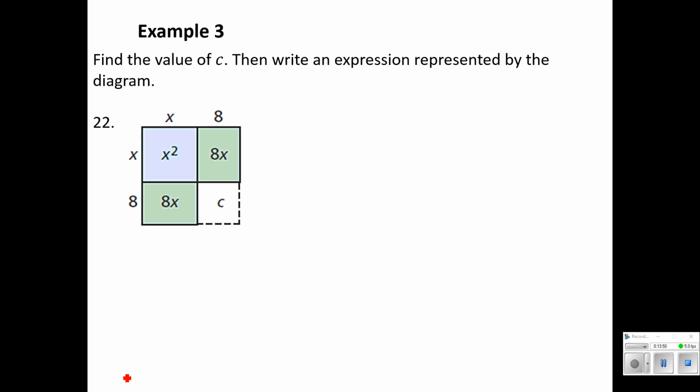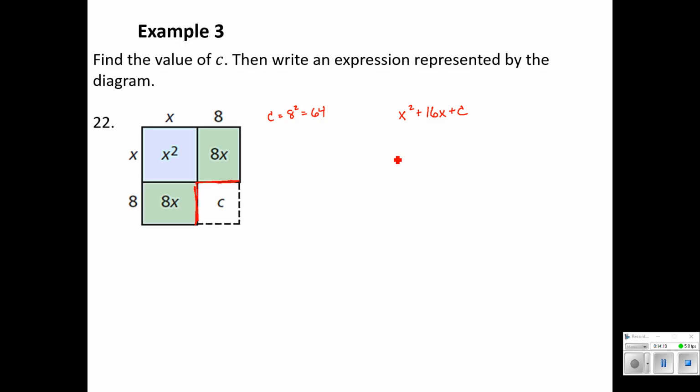All right, example 3. I love the fact that the textbook uses that same proof concept. So here, find the value of c. Well, we just need to know what's this length times what's this length. c equals 8 times 8, which is 64. So the expression represented by this diagram is x squared plus 16x plus c.